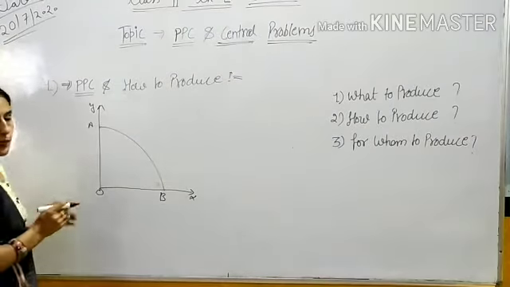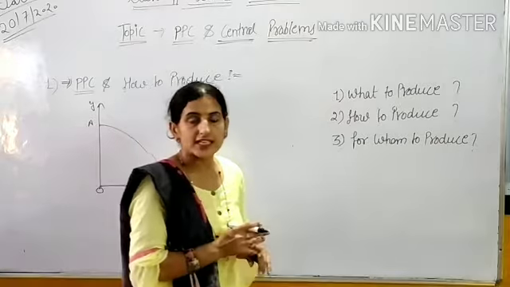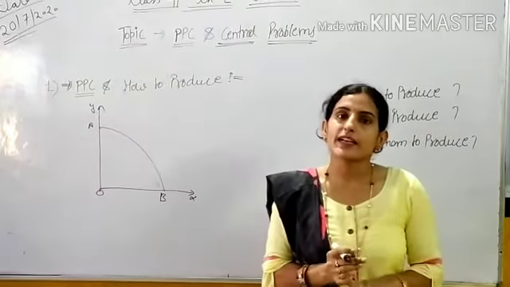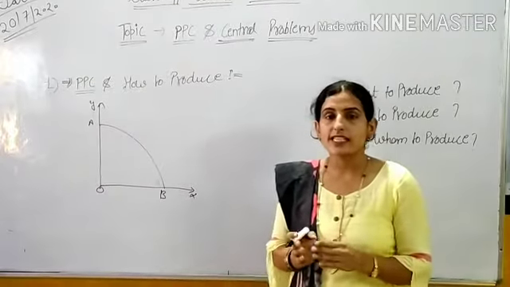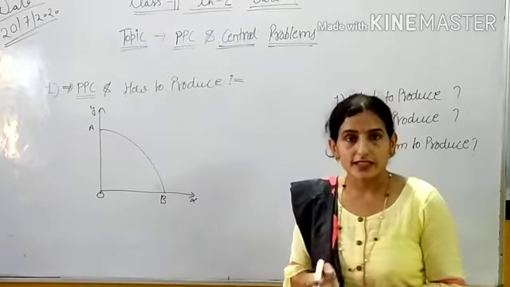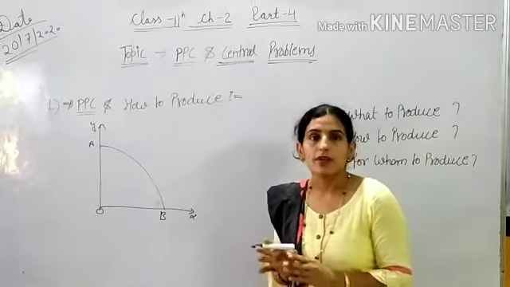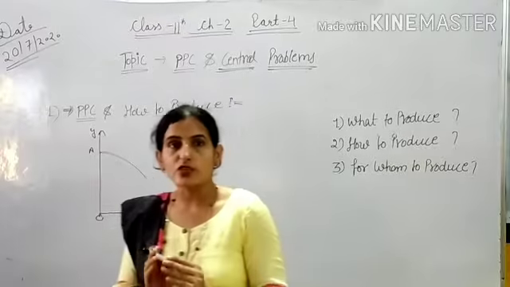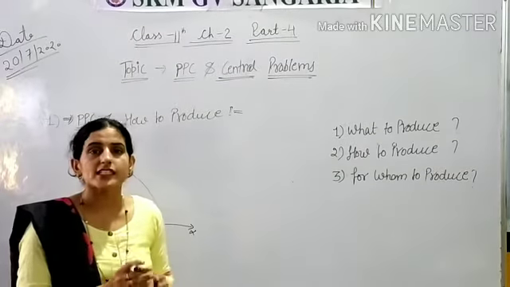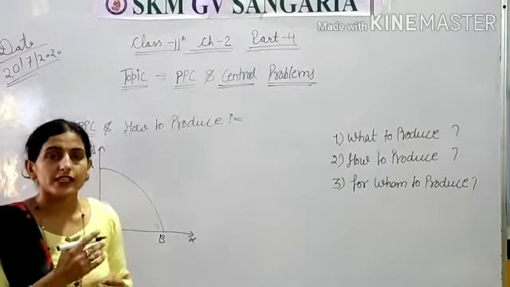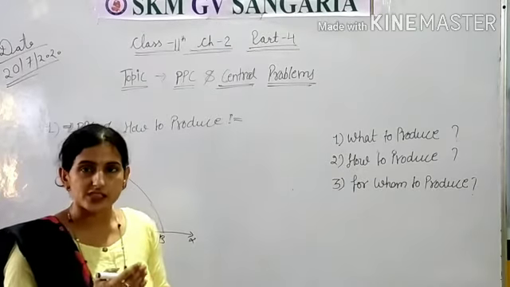Now if we talk about the less developed countries, they are using labor intensive technique, or we can say that in olden times labor intensive technique was more famous compared to capital intensive technique. In India also, as India is a developing country, day by day it is adopting capital intensive technique.